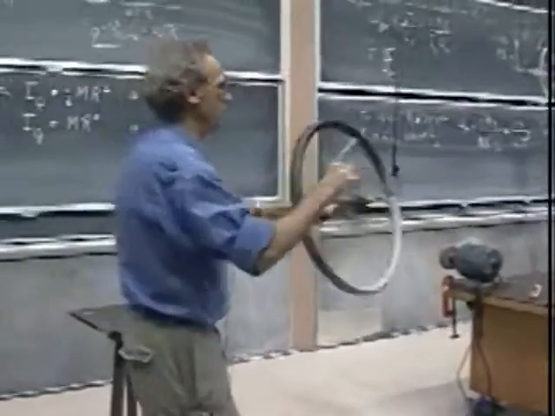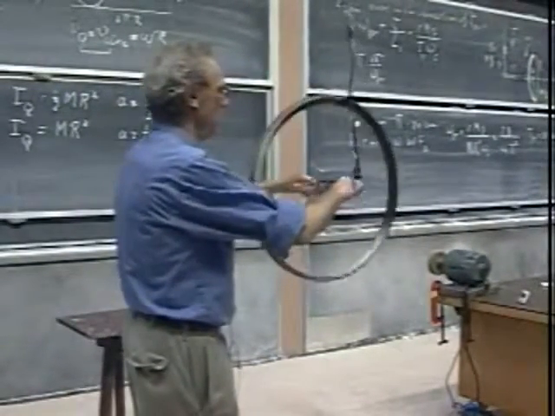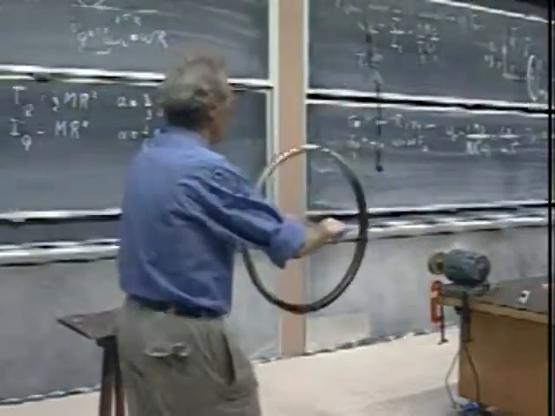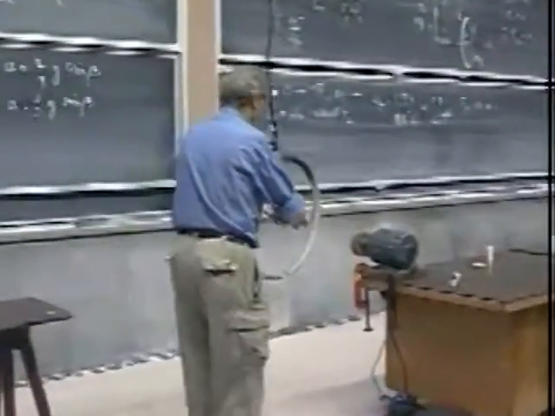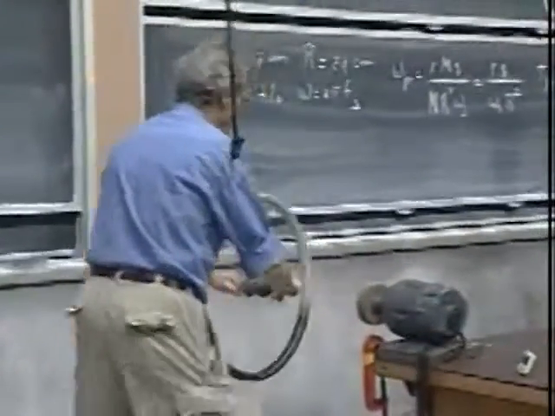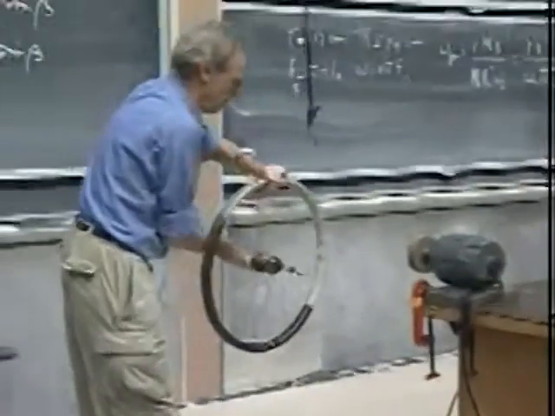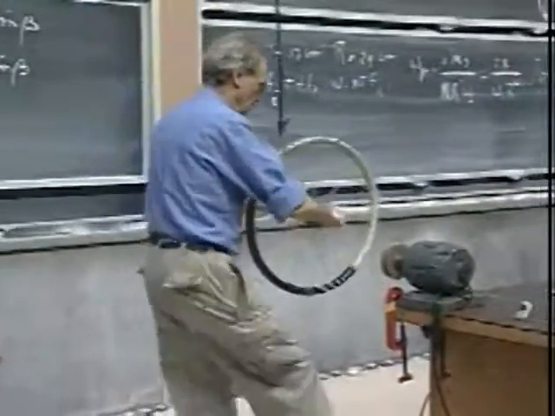All right, so I had this in my right hand. So when I spin it up, that's right. So let me now change the direction. I'm turning it over. And now I'm going to spin it up again.